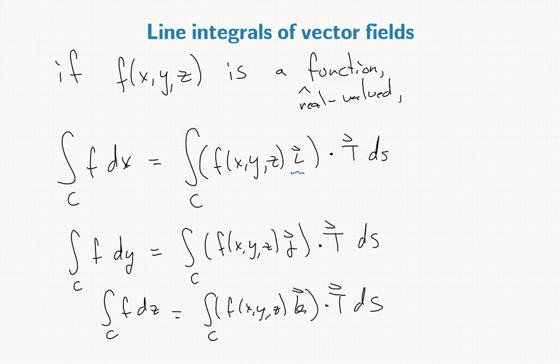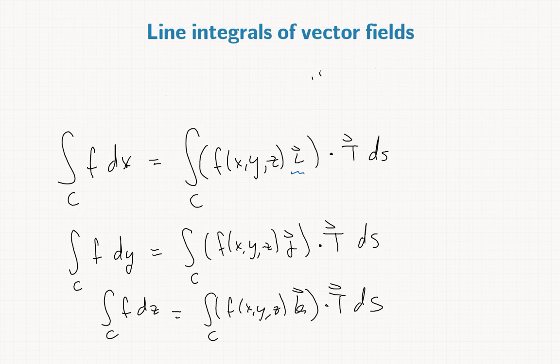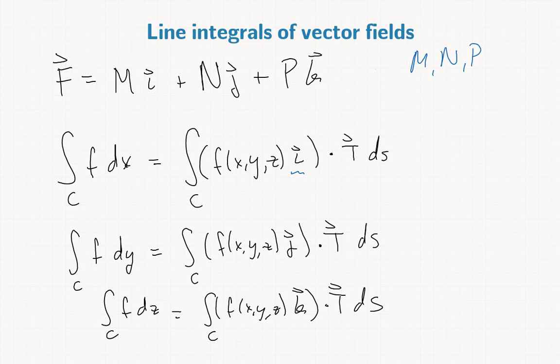So with this notation, let's say F is a general vector field, so M i plus N j plus P k, where again M, N, and P aren't constants, they're functions of x, y, z, just omitting that to save space.